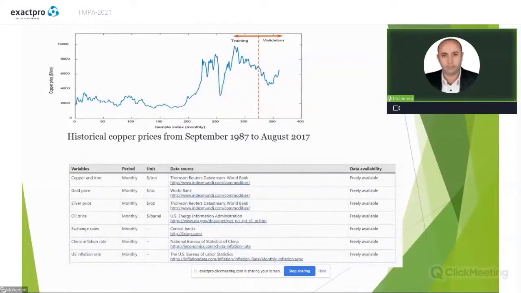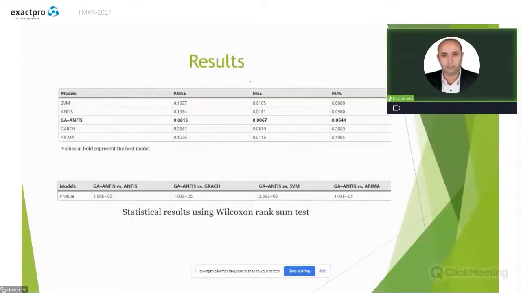After we combined ANFIS and the genetic algorithm, we applied it to the historical data of the copper price from September 1987 to August 2007. We divided the dataset into training and validation. After that, we used measures such as root mean square error, MSE, and MAE to evaluate the performance of our algorithm.